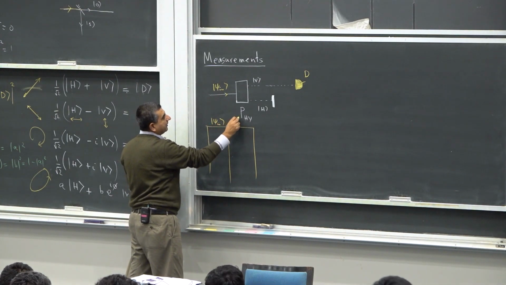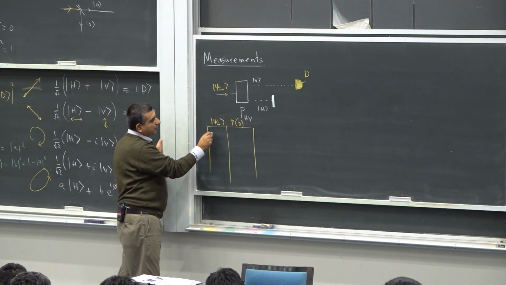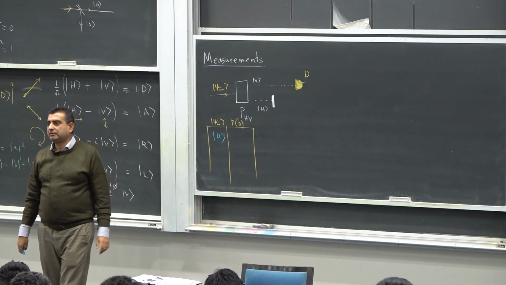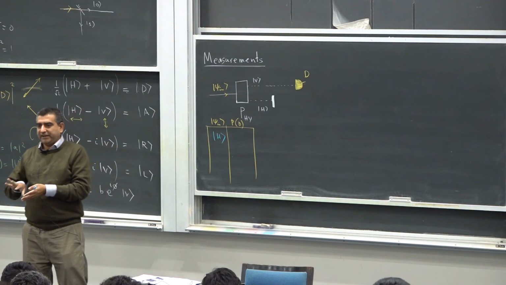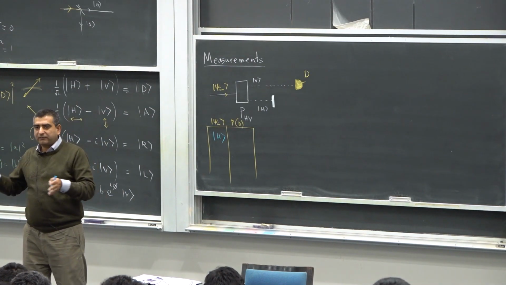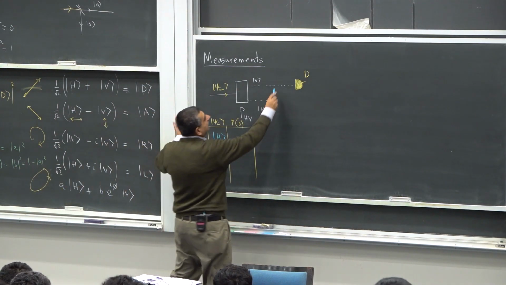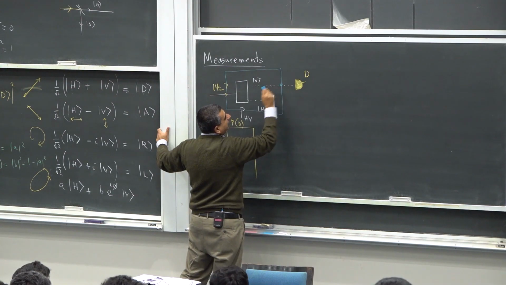I'm looking at the probability that D clicks. If my psi in were ket H, what this block does is that it's like an opacity. It's something that does not let the photon go out. All right. And all of this is in a box. And this is the opening in the box.